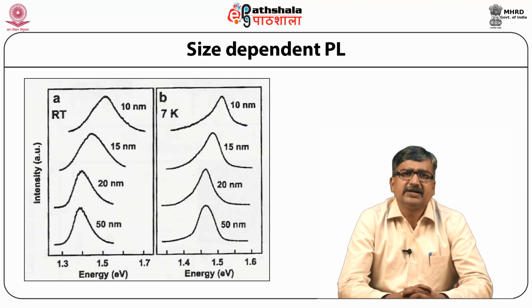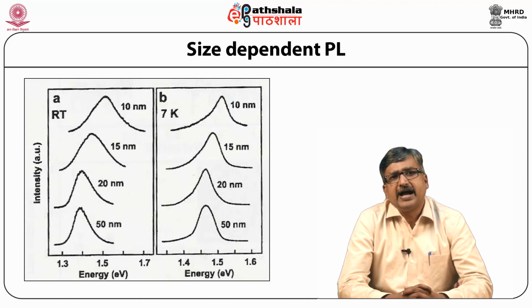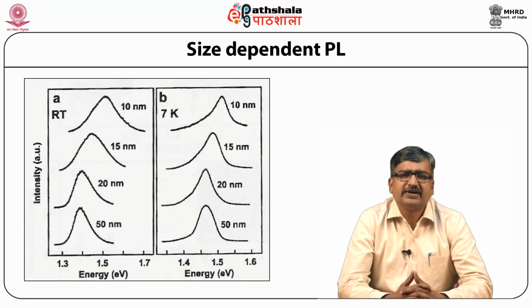This characterization method has been used to study many properties of nanowires, such as the optical gap behavior, oxygen vacancies in zinc oxide nanowires, strain in silicon nanowires, and quantum confinement effects in indium phosphide nanowires.